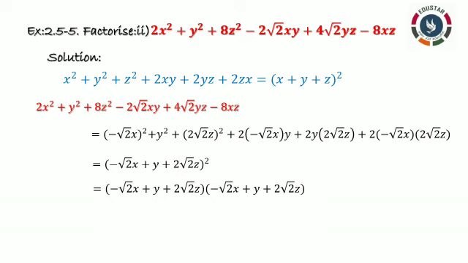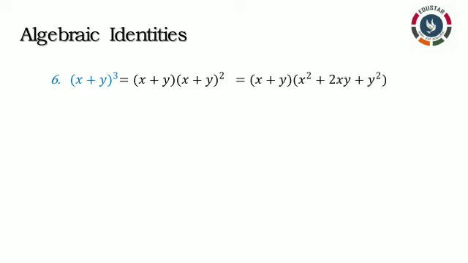Now let's move to the next one, that is identity number 6. First, let's see how we got this identity. x plus y the whole cube. How can we write this? x plus y into x plus y the whole square. Here, instead of x plus y the whole square, substitute identity 1 and multiply binomial by what? Trinomial. We will get x cube plus 2x square y plus xy square plus x square y plus 2xy square plus y cube.